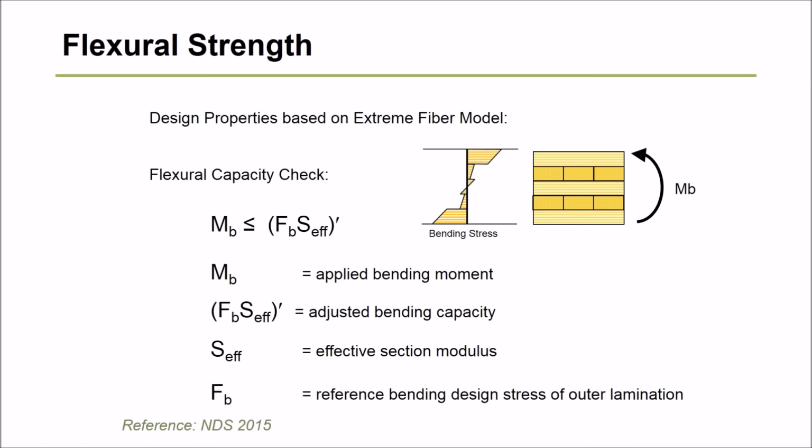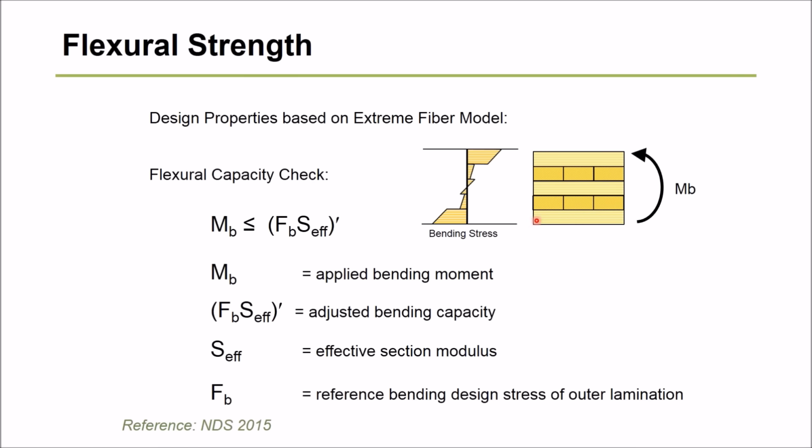So, for example, if we're just looking at CLT as a floor or roof application under a bending load, how would you check the bending capacity of the panel? You could look into the stresses through the section of the panel, and let's say we're applying the moment on the strong direction of the panel.